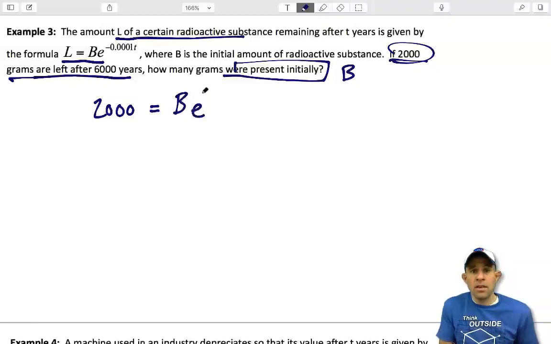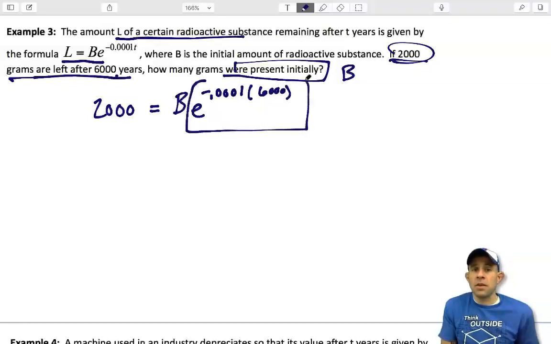And we're going to raise that E to the negative 0.0001 times T, which is, in this case, 6,000 years. So this is actually just a number, and again, we can get that number by punching it into our calculator. That number is attached to B by multiplication, so I'm just going to divide both sides by that number to get B by itself.